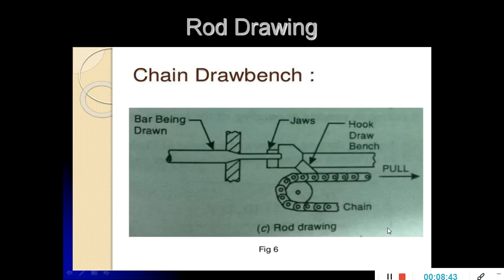Okay. Now coming to the next one, the rod drawing operation. If the diameter of the workpiece is more than 5 mm, we consider it a rod. The rod drawing operation is done with the help of the chain drawbench. The figure shows the chain drawbench.